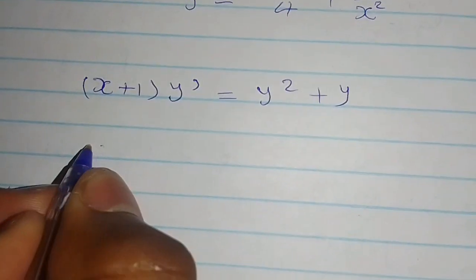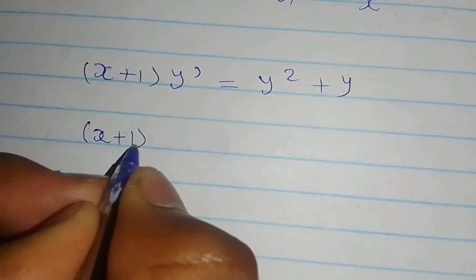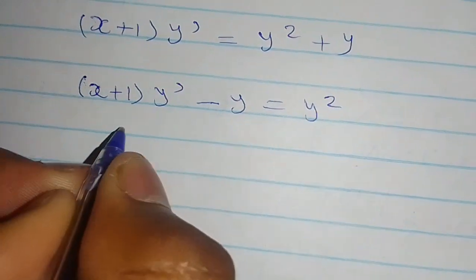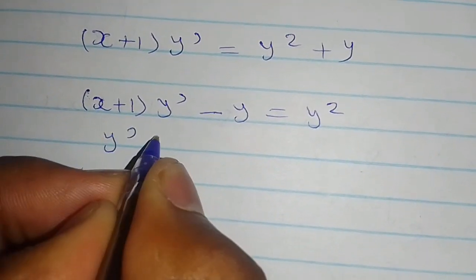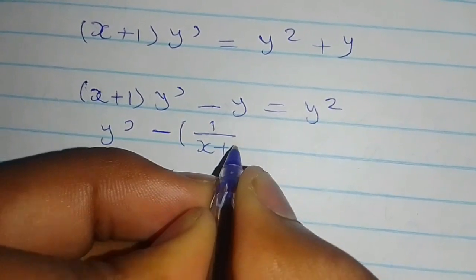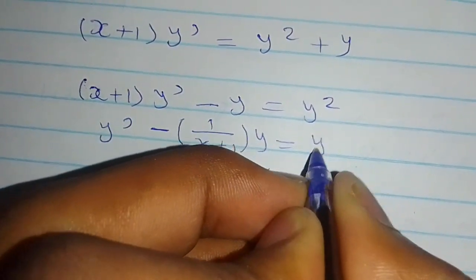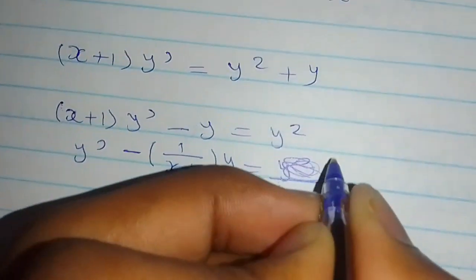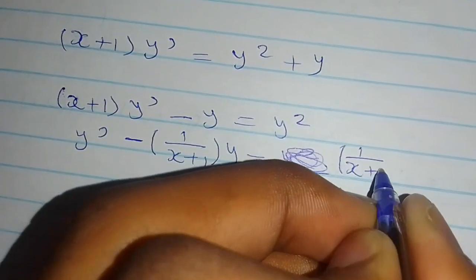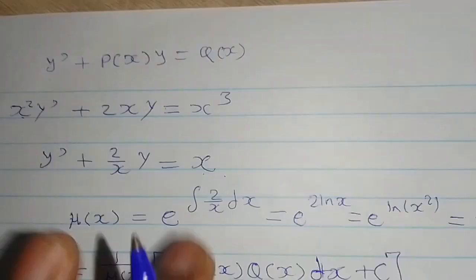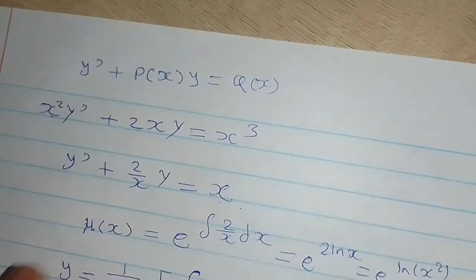If you try that, you'll have (x plus 1) y prime minus y equals y squared, and then y prime minus 1 over x plus 1 times y equals y squared over x plus 1. Let me just rewrite it as 1 over x plus 1 multiplied by y squared. Now notice that instead of this, you have some function of y there.